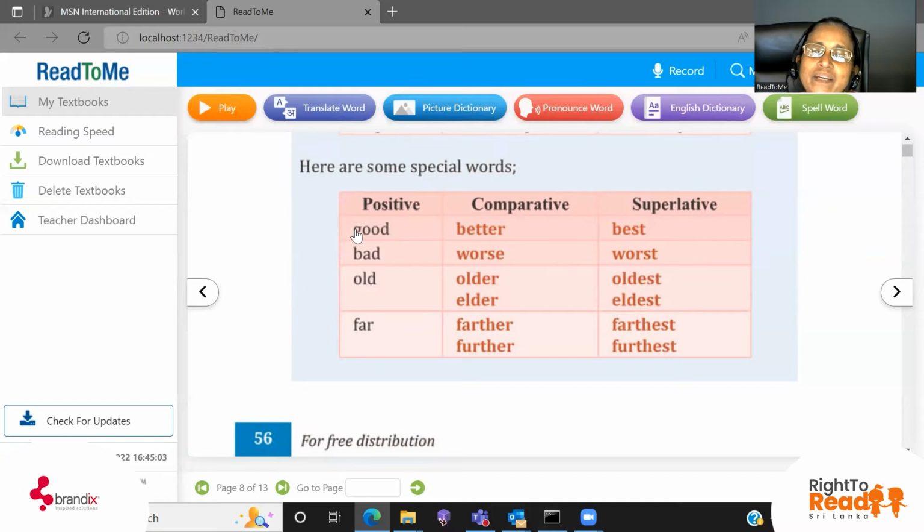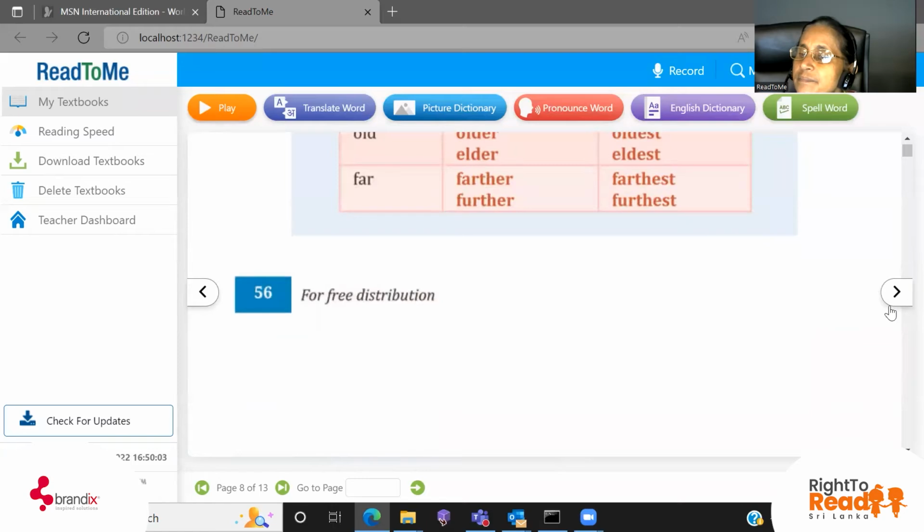Can you also read? Good, better, best. Bad, worse, worst. Old, older, oldest, elder, eldest. Far, farther, farthest, further, furthest. There we use ER and EST for comparative and superlative.